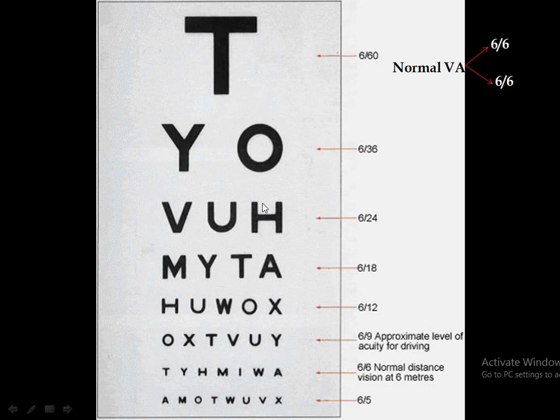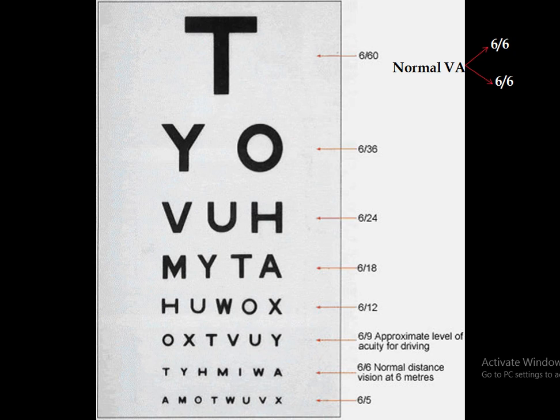Now a very specific question may be asked during viva: if you are going to check your vision in a nearby shop where there is insufficient distance, the room is not so spacious, it is less than 6 meter, what will be the solution?